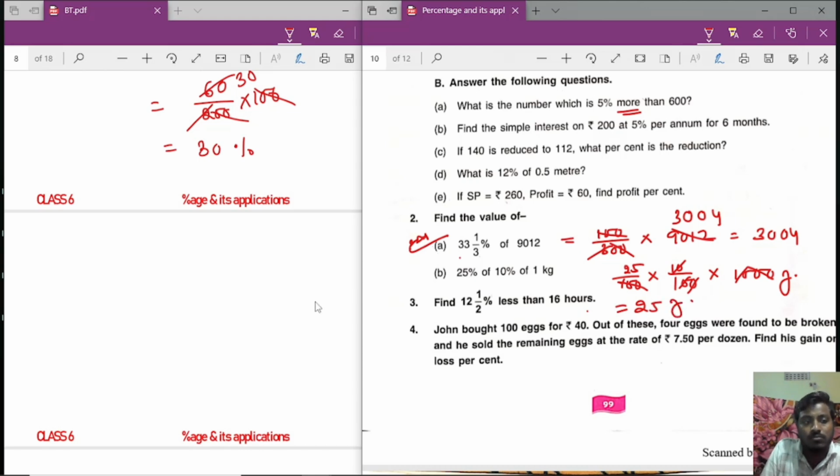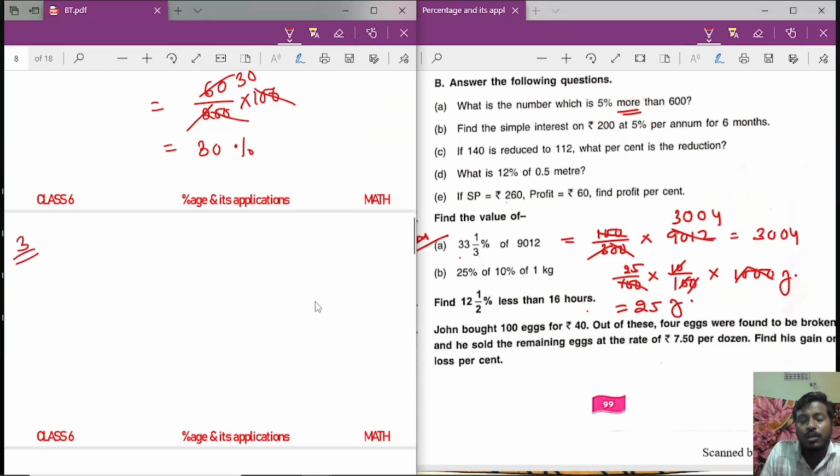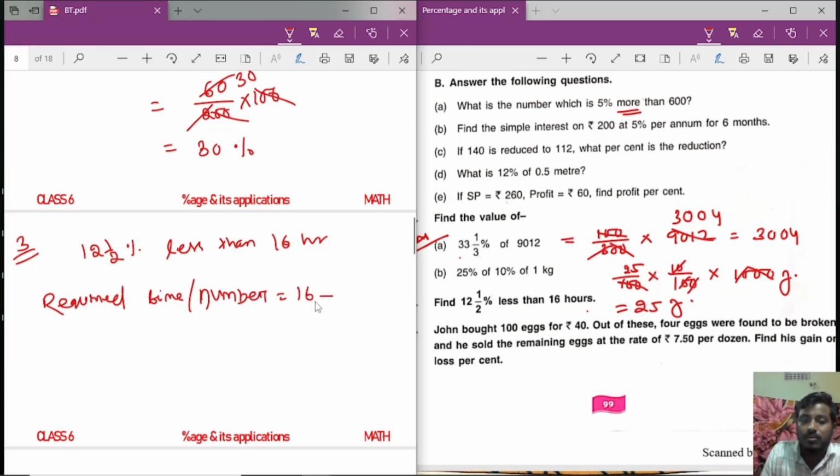Okay. Now question number 3, 12 whole 1 by 2 percentage less than 16 hours. So write down the required time equal to 16 minus, because of "less than", that's why we subtract.